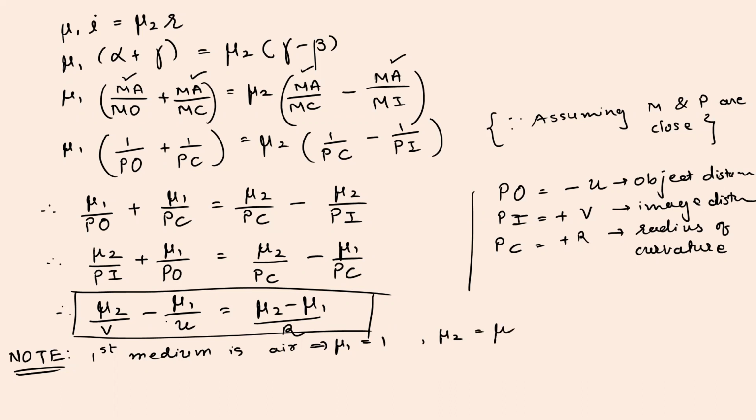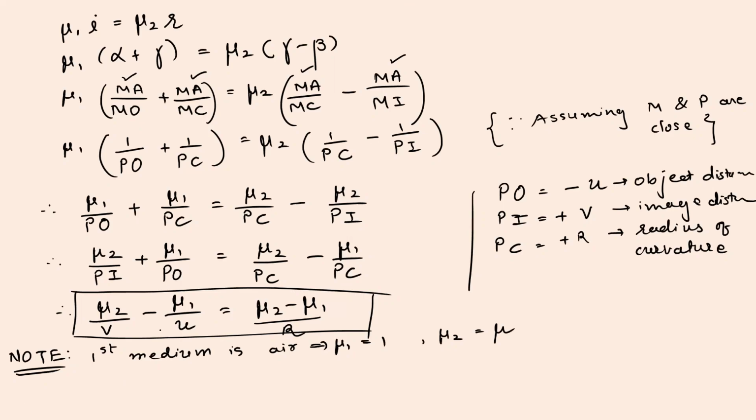This formula is going to turn into mu by v minus 1 by u is equal to mu minus 1 upon R. In that case, this would be the final equation.